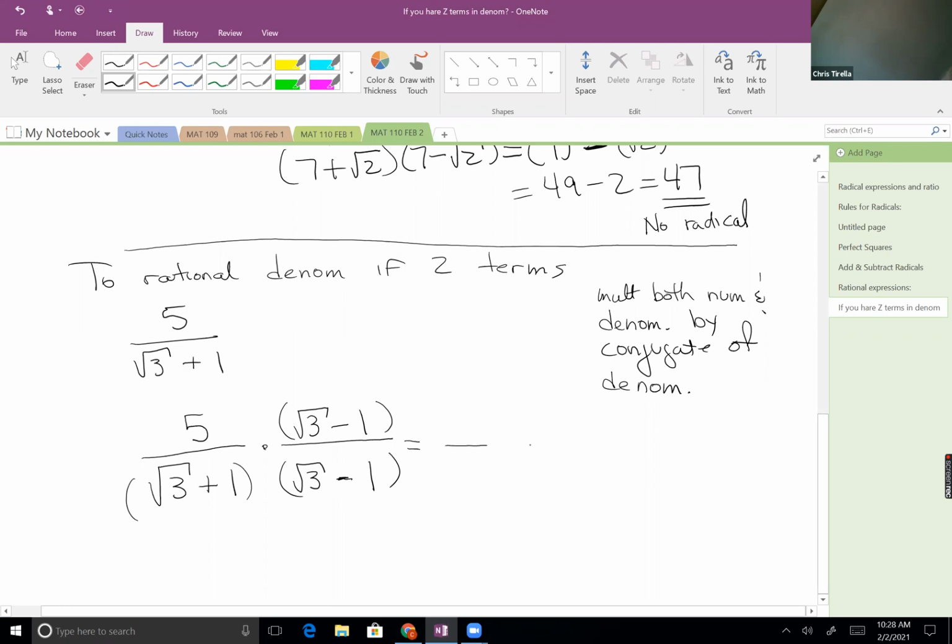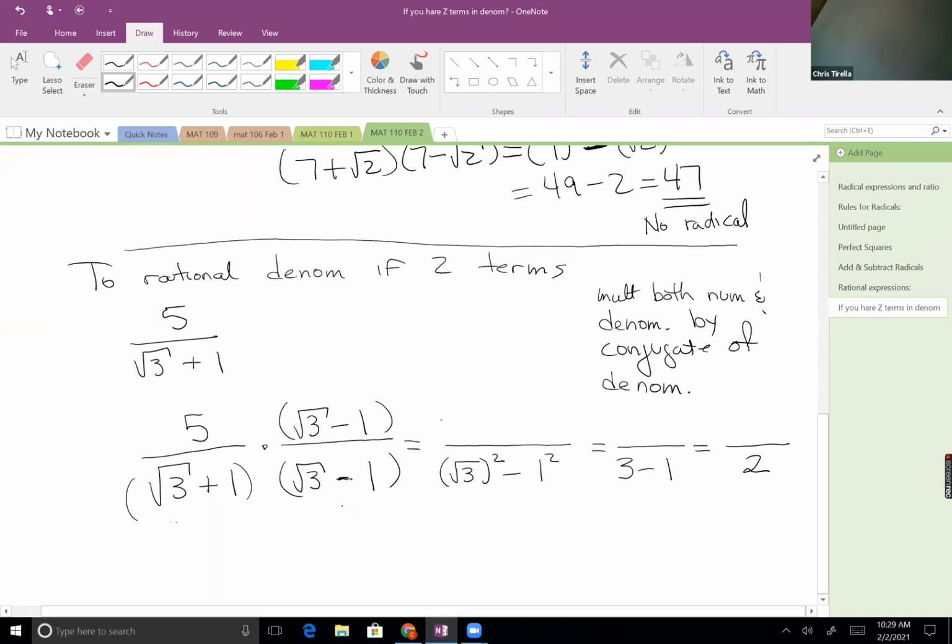Let's look at the denominator first. Because these are conjugate pairs, we can be lazy and not FOIL it out. It becomes the first one squared minus the second one squared, or 3 minus 1, and my denominator is 2. Yay, it no longer has a radical.